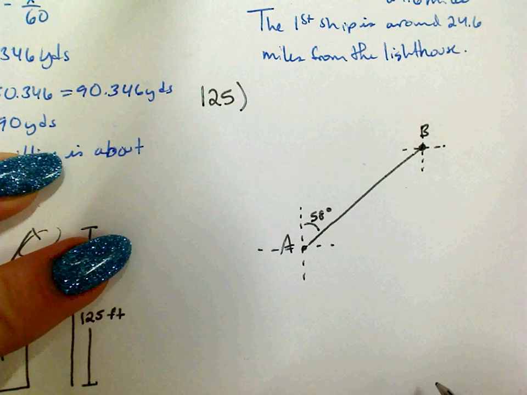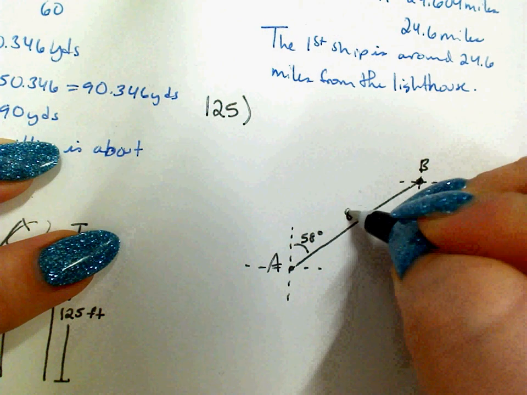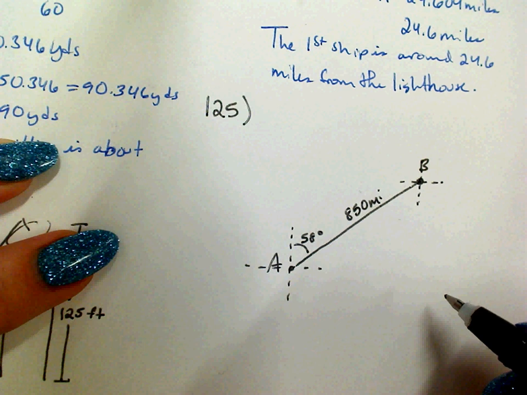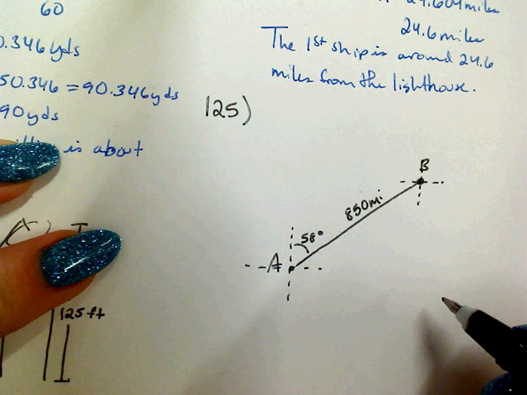Let me go ahead and label that. From city B to city C, the plane flies 960 miles at a bearing of south 32. So 960. South 32.